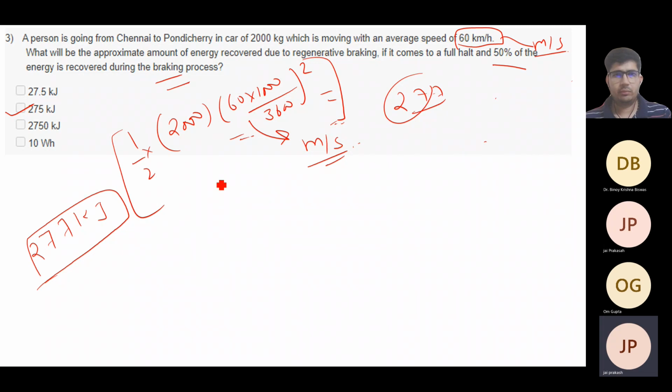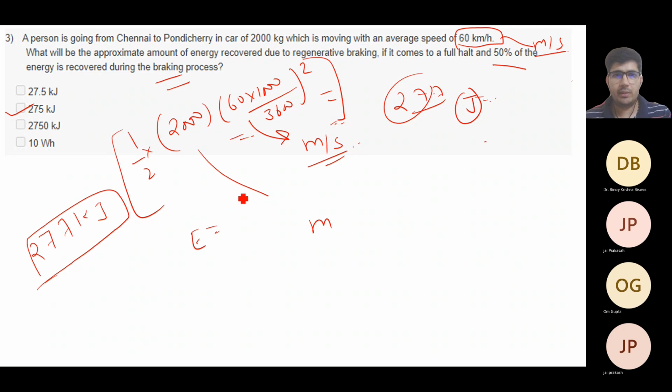See, SI unit, na? You have to use meter per second for velocity. And okay, SI unit, but the energies are coming in joule. Yes, the SI unit of energy is joule itself. So how is it converting?